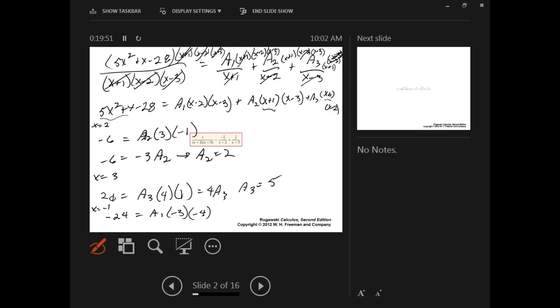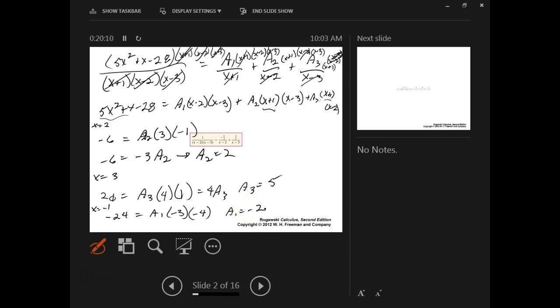So minus 24 is equal to 12a1. So what would a1 be? 2. How about negative 2? Got it? Okay, negative 2.